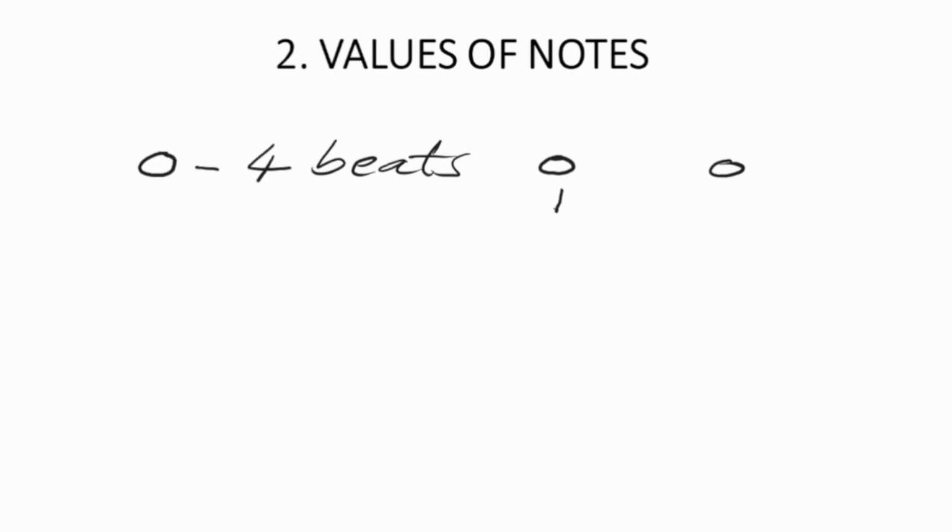So we will have 1, then 2, 3, 4, then another 1, 2, 3, 4, something like this. 1, 2, 3, 4, 1, 2, 3, 4. So that's the value of a whole note.